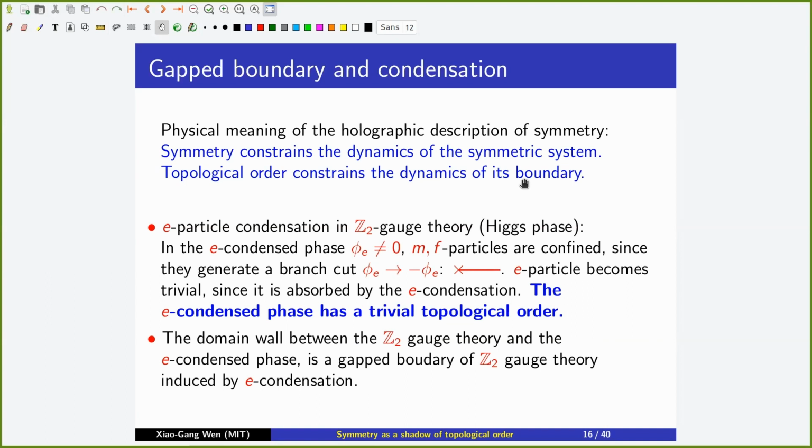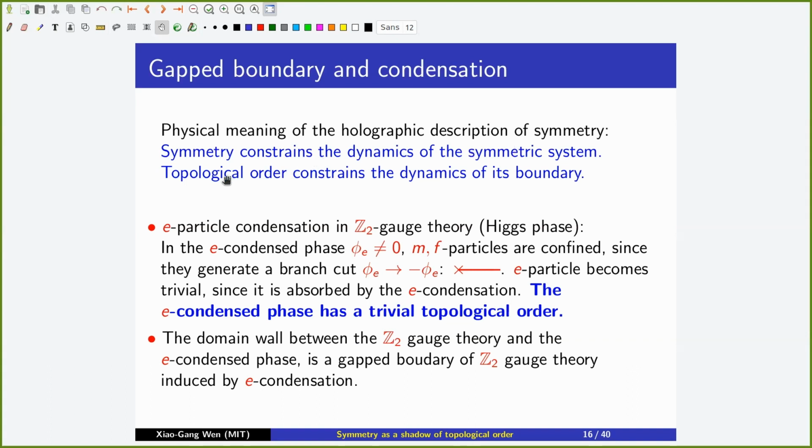So here we claim that every symmetry can be simulated by a topological order in one higher dimension. And in this sense, the topological order constrains the dynamics of the boundary, and the symmetry constrains the dynamics of the system. Okay. And this simulation applies to symmetry, higher form symmetry, and non-invertible symmetry, or normal symmetry, so every symmetry, and even maybe some new symmetry we don't know.